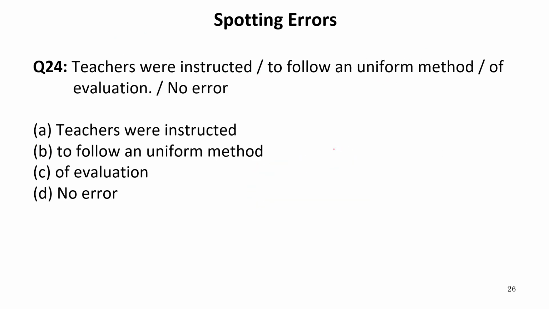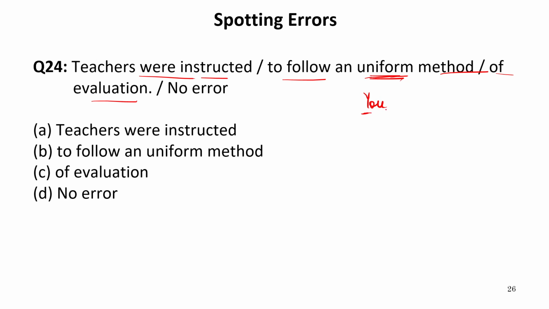Now let us move to the next one. Teachers were instructed to follow an uniform method of evaluation. This is very, very simple. We have a word uniform over here. Now, if I write uniform in Hindi, it will be beginning with Y, which is a vyanjan of Hindi. And before any word that is beginning with a consonant sound, if I pronounce this one, it will be like yu.